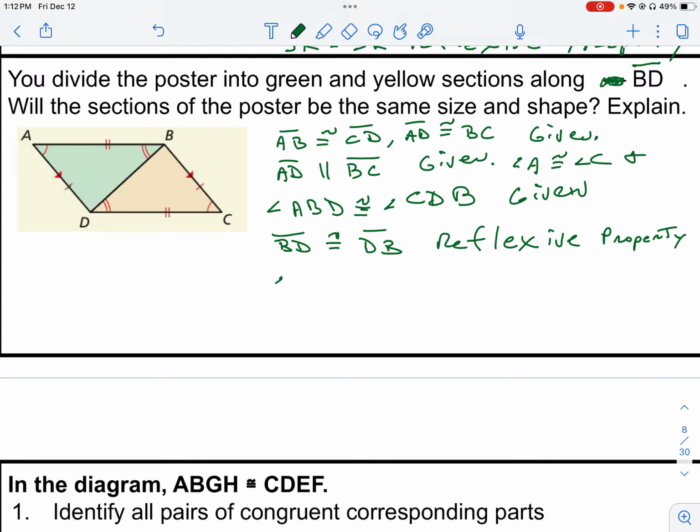And then we have parallel lines, so we're looking for our corresponding angles, our alternate interior, alternate exterior angles, or our consecutive interior angles. Well, here we get alternate interior angles. So angle ADB is congruent to angle CBD.